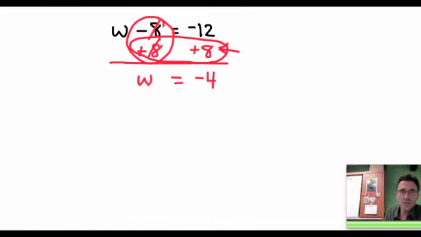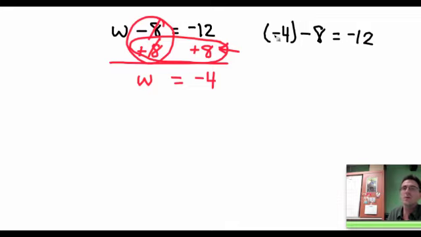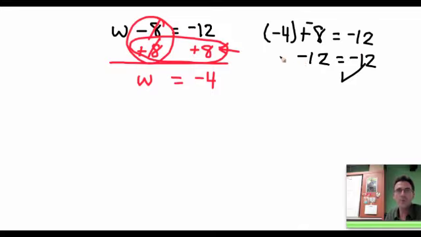So to finish this particular question off, we will check our answer. W, we said, is negative 4, minus 8 equals negative 12. Negative 4 and minus 8, let's just do a quick add the opposite. So negative 4 plus negative 8 is negative 12, and that equals negative 12. So once again, check. Looks like we've done that properly.